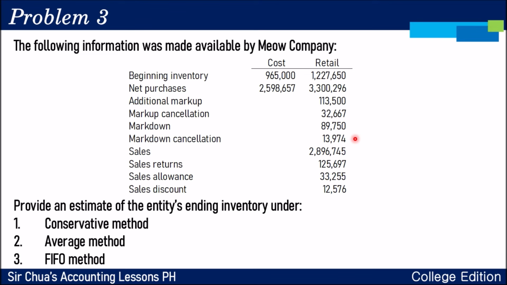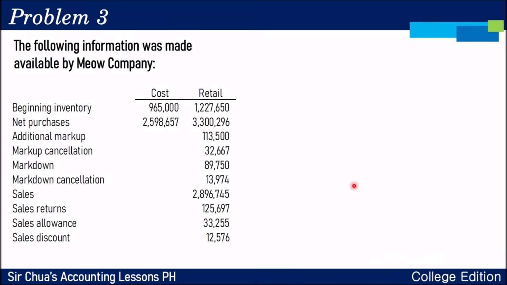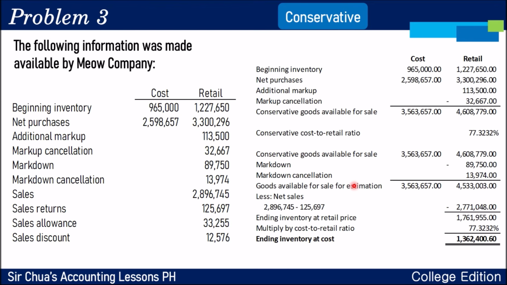Okay? So, and then you also have your sales and then sales returns, allowances, and discounts. Let's provide an estimate of the ending inventory of the company under these three methods, and let's solve them one by one. Okay, so first let's talk about the conservative method, and this is your calculation for that.